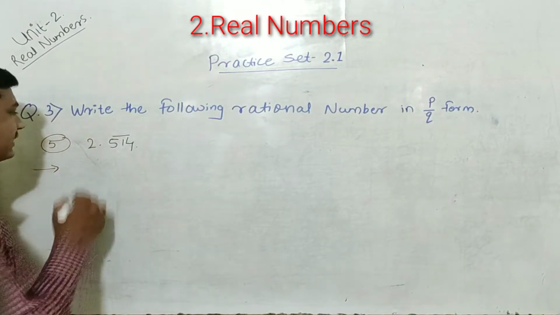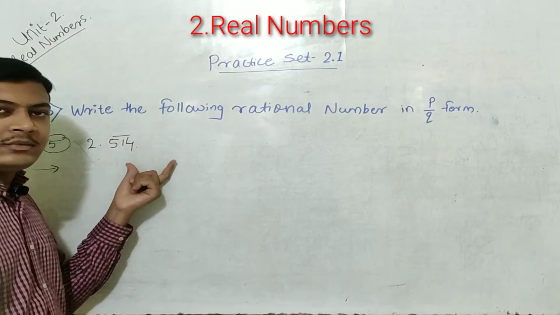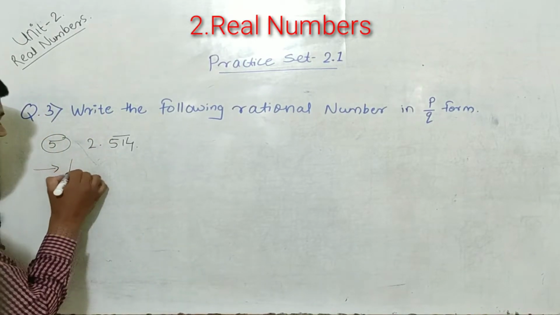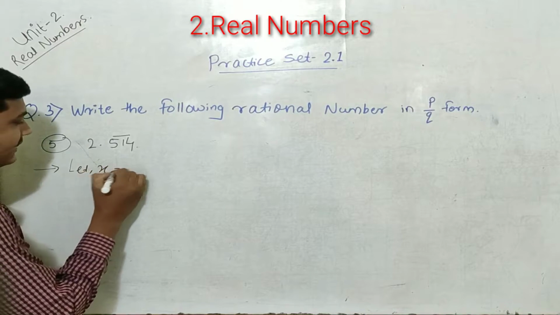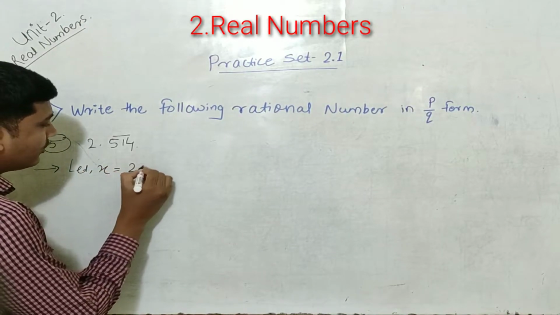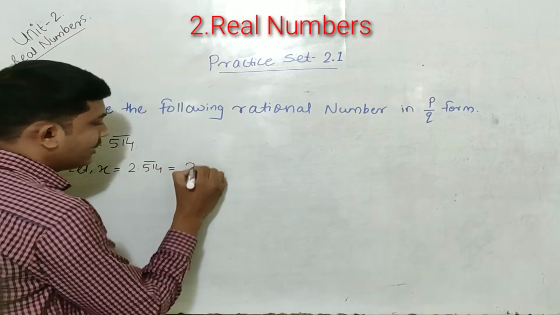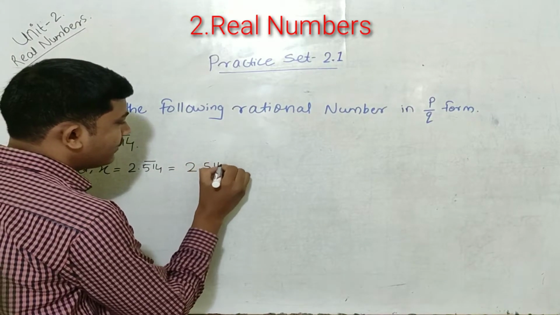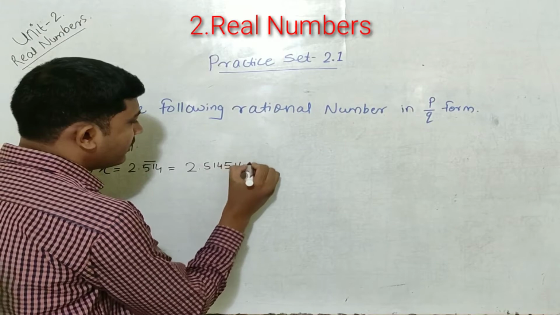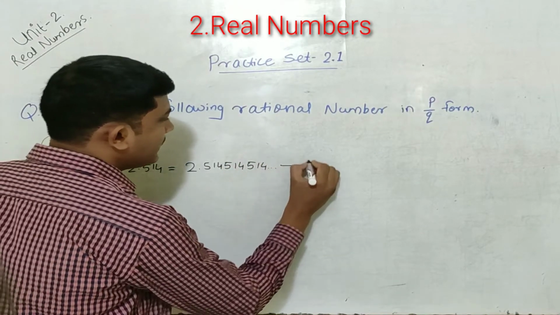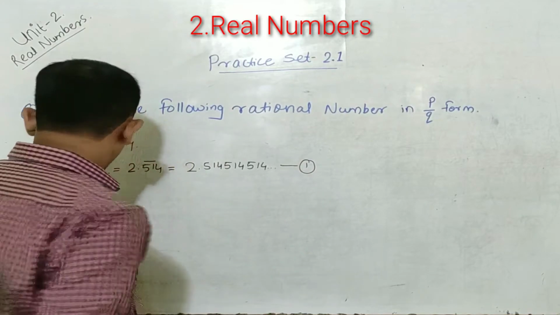So first of all, you have to multiply this number by 1000. So let x equal 2.514 bar, which is equal to 2.514514 dot dot dot. Say it as equation 1.